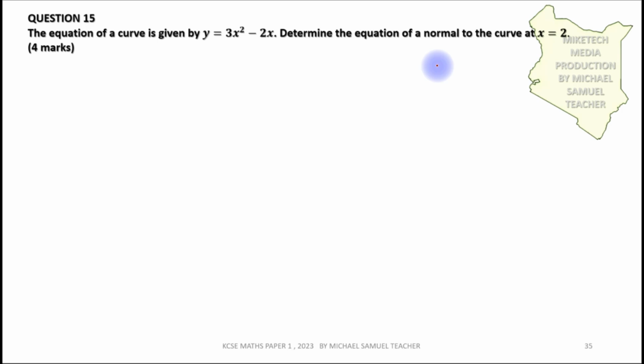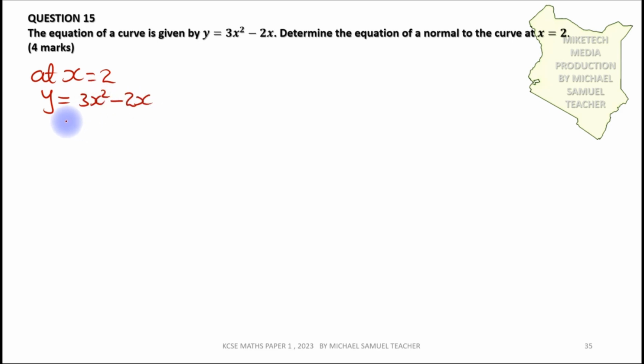So that we get the coordinates of the point where it is normal to the curve. So at x is equal to 2, therefore y will be 3x squared minus 2x.